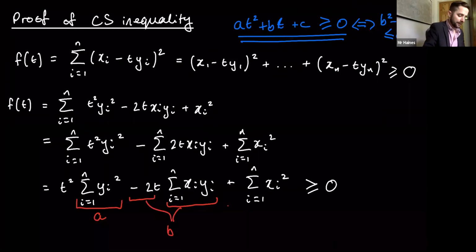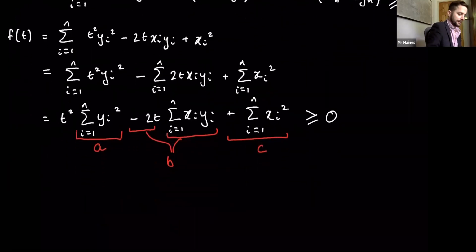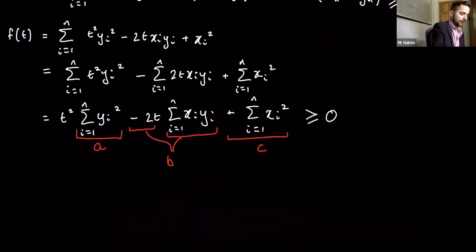And the constant coefficient on the end is c. That hasn't got any t in it whatsoever. Okay, now because this quadratic is bigger than or equal to 0, it has at most one root. So b squared minus 4ac must be smaller than or equal to 0.